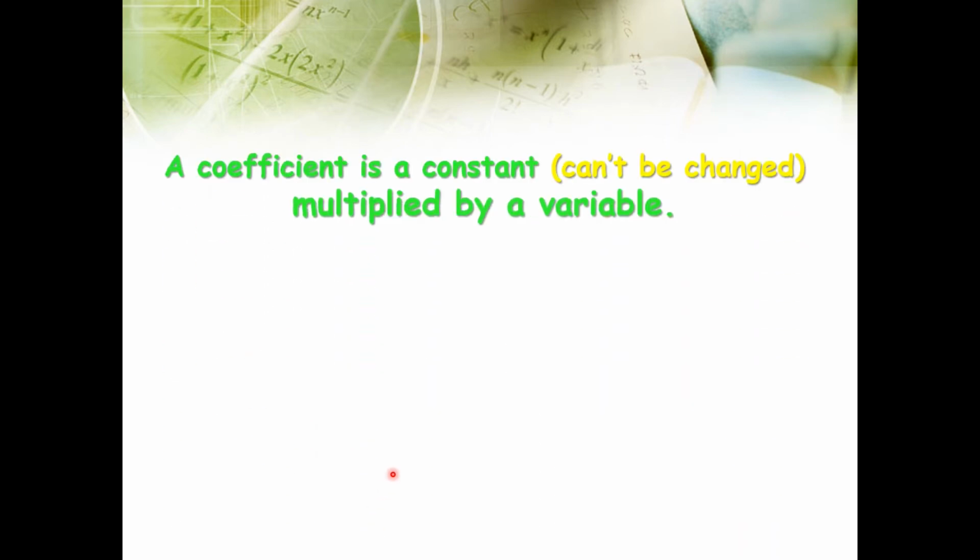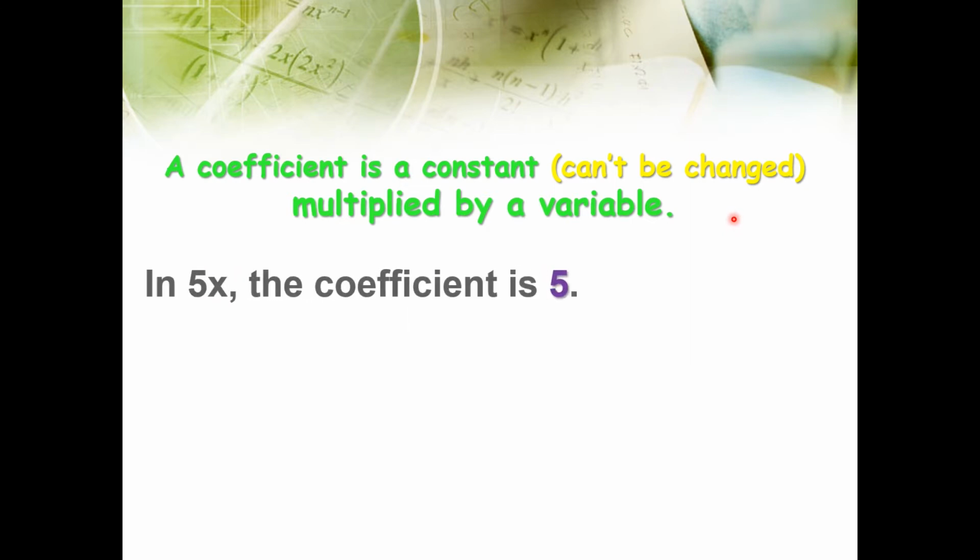After that, let's learn about a coefficient. A coefficient is a constant, which cannot be changed, multiplied by a variable. So let's see from the question. In 5x, the coefficient is 5. Understand this?